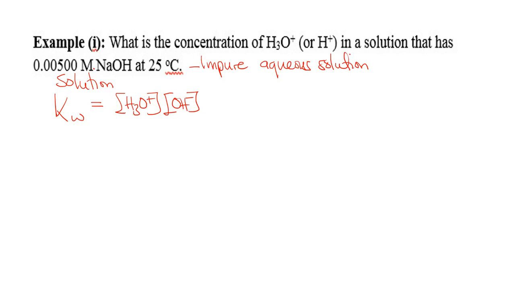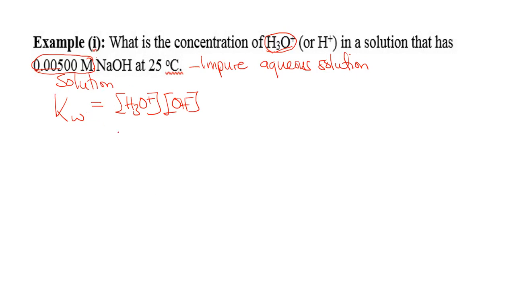It also tells us that the concentration of OH is not equal to 1.0 times 10 to the power -7. The reason is because we have been given here that the concentration of the sodium hydroxide is 0.00500 molar. But our aim is to find the concentration of the acid. So we are given sodium hydroxide, we need the acid. So how do we go about it?